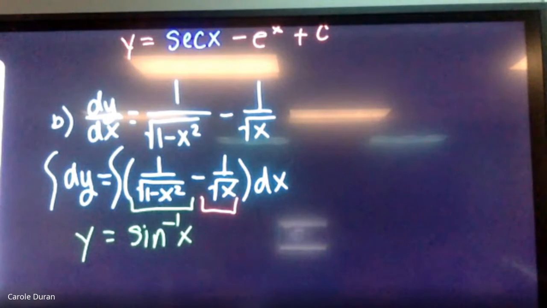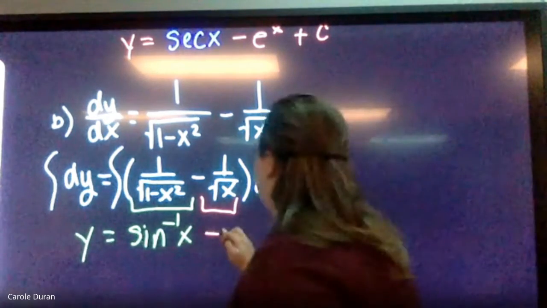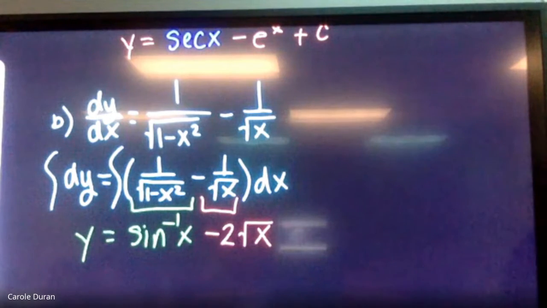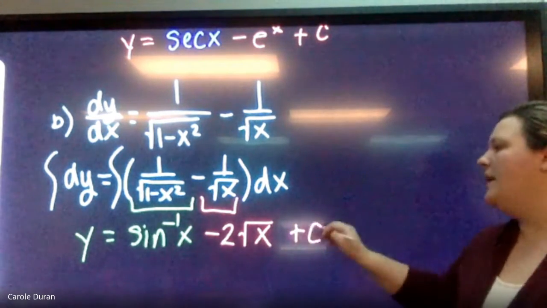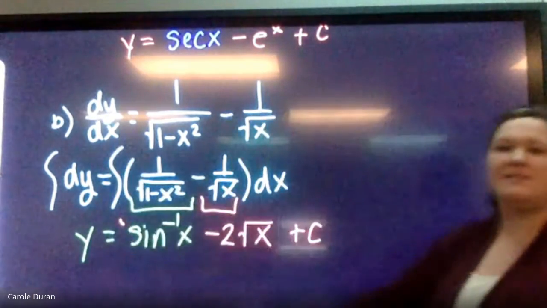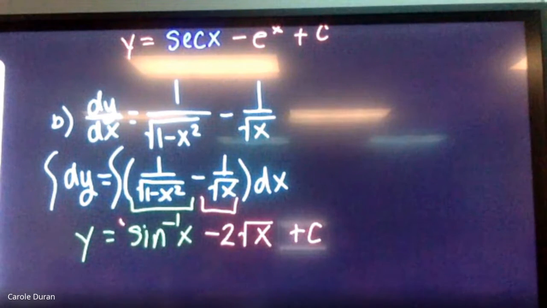That one's not a special one, so you need to change that into a fractional exponent, move it up to the top and then just power rule it. So it's going to be minus 2 times the square root of x. And then what are we missing at the end? Anytime we don't have numbers or variables on that integral, we have to have a plus c in our answer.